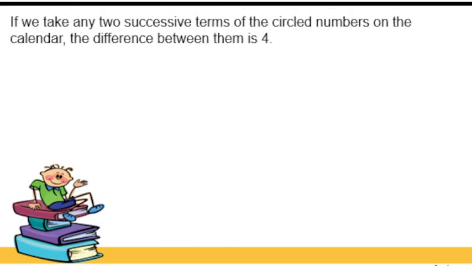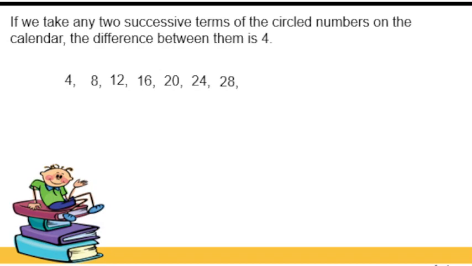Now, if we take any two successive terms of the circled numbers on the calendar, the difference between them is 4. So let me rewrite: you have 4, 8, 12, 16, 20, 24, and 28.